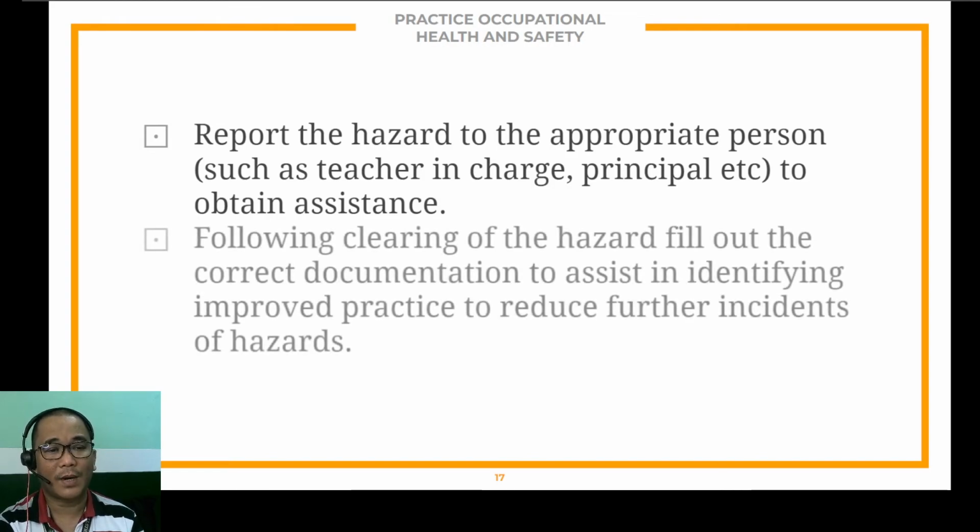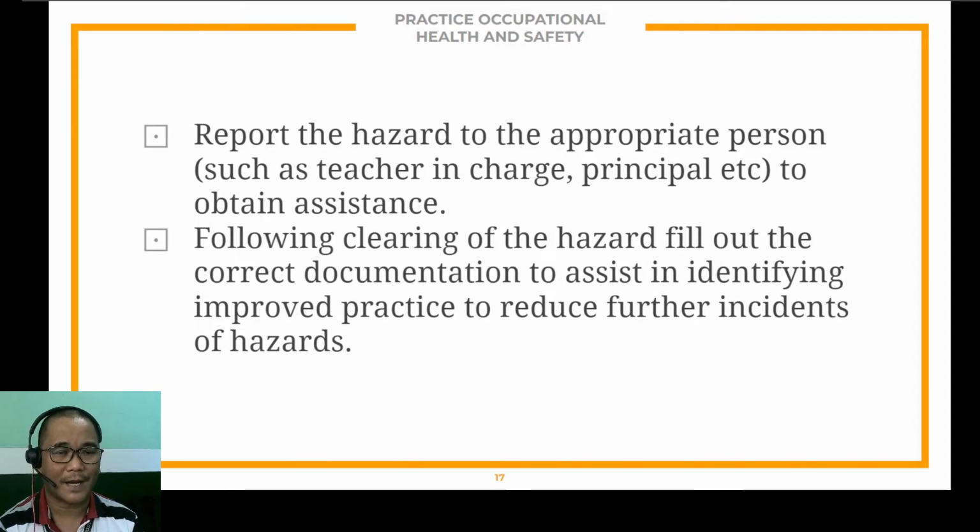Then, following clearing of the hazard, fill out the correct documentation to assist in identifying improved practice to reduce further incidents of the hazard. All hazards must be reported using the accident report form. In this way, it can enable us to track the kinds of hazards that we have in our workplace and take action where necessary to make it safer for all students and clients.